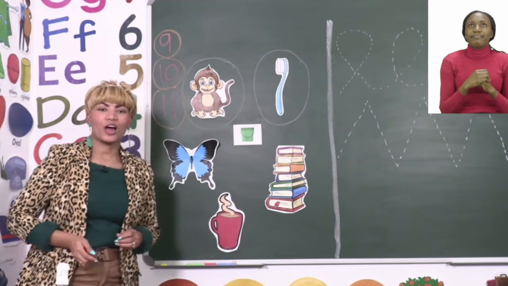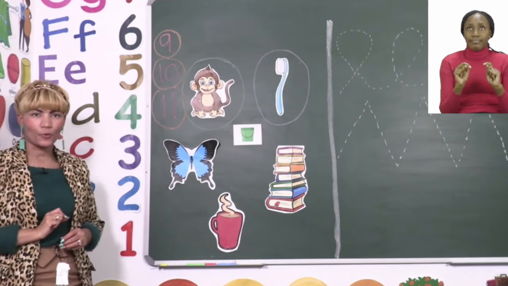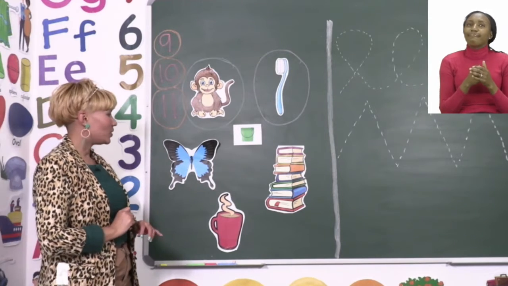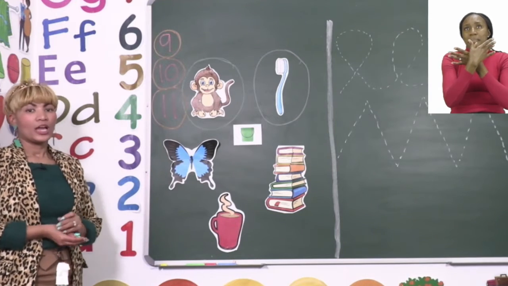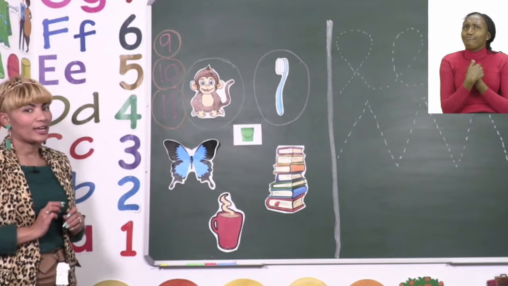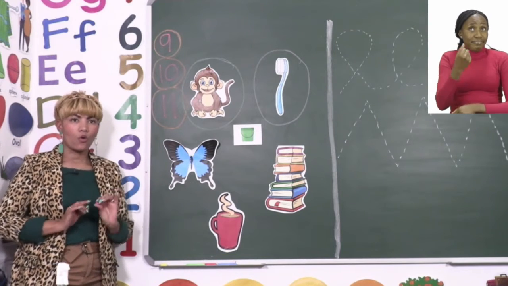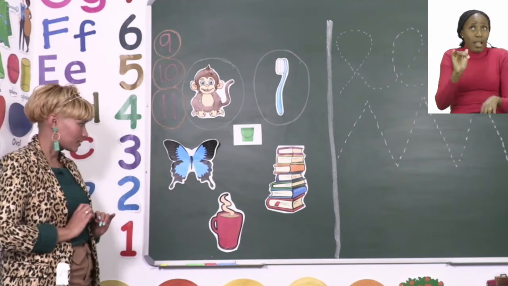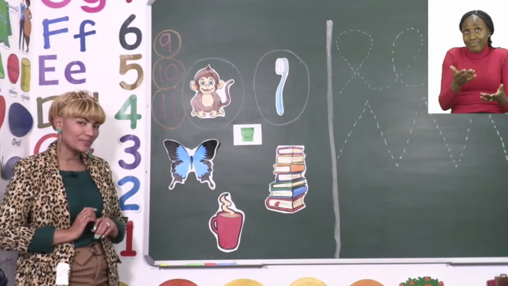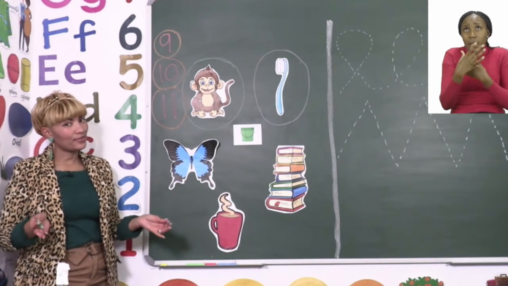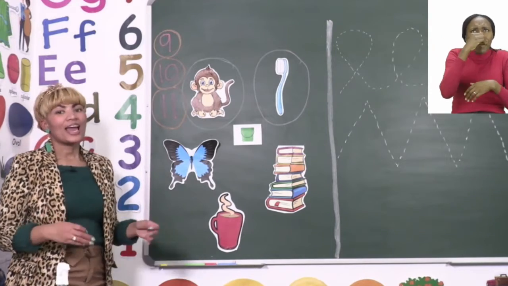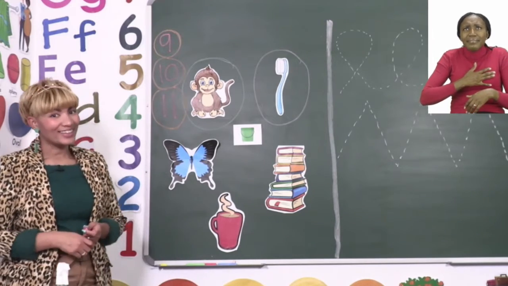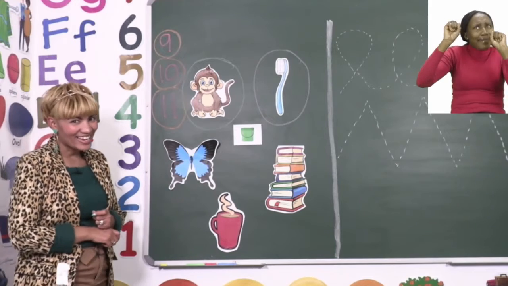Now let us try one more. Let's have a look at the butterfly. Would you say the butterfly is a living thing or a non-living thing? Let's see. Can the butterfly move and eat and breathe and grow? Yes, it can.